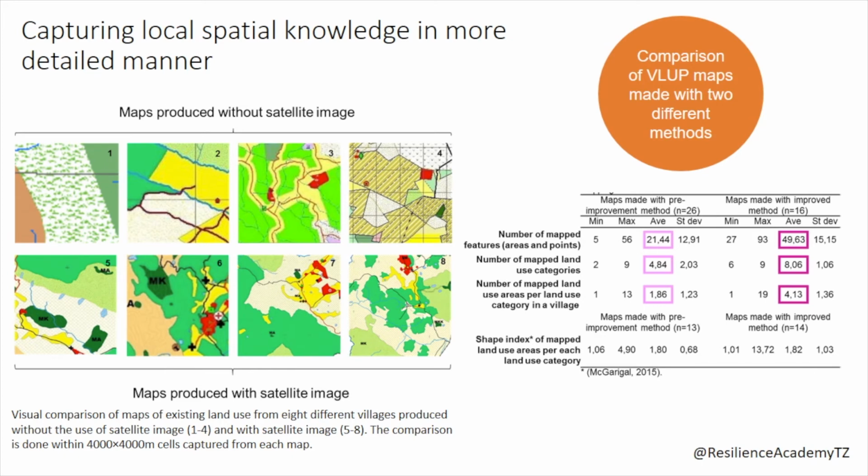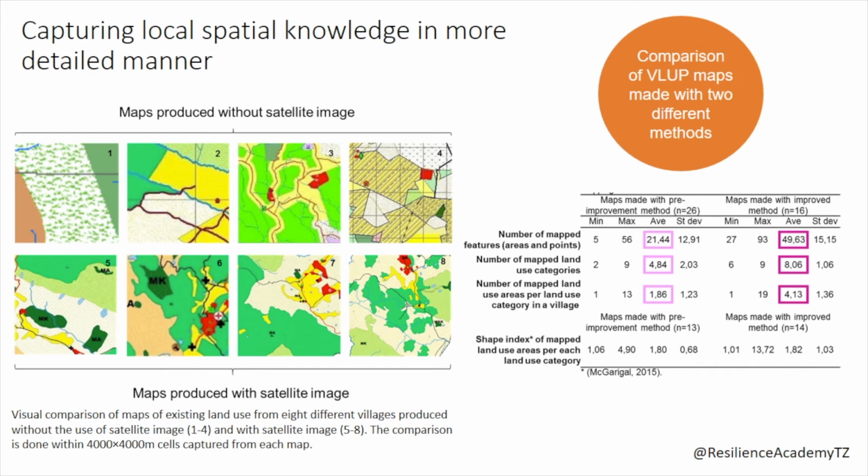You can observe that the maps with satellite image show more fine-grained land use pattern and organic form than the maps above. On the right side is a comparison of 26 maps that were produced without satellite image and 16 maps that were produced with satellite image.